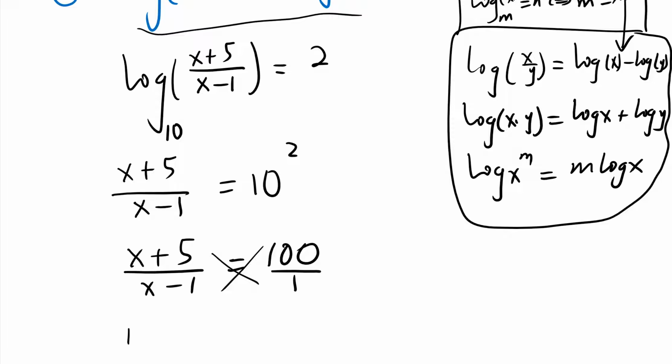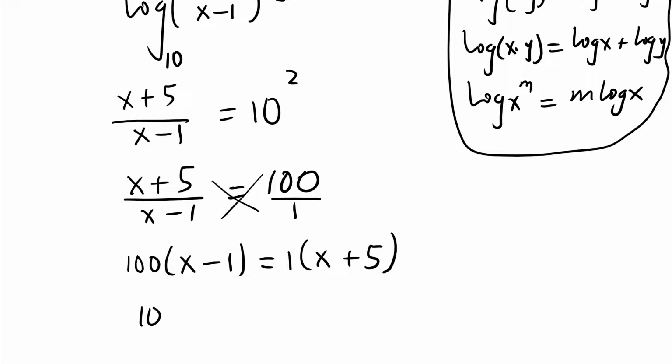Cross multiply: 100 times (x minus 1), 1 times (x plus 5). Then distribute the 100 in, the 1 in, and solve.